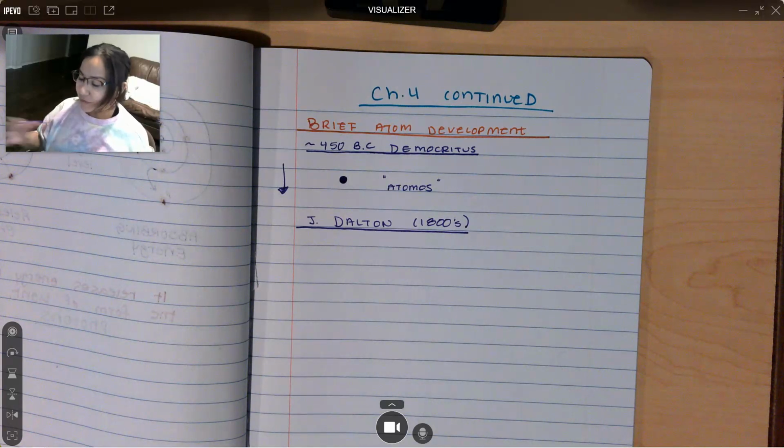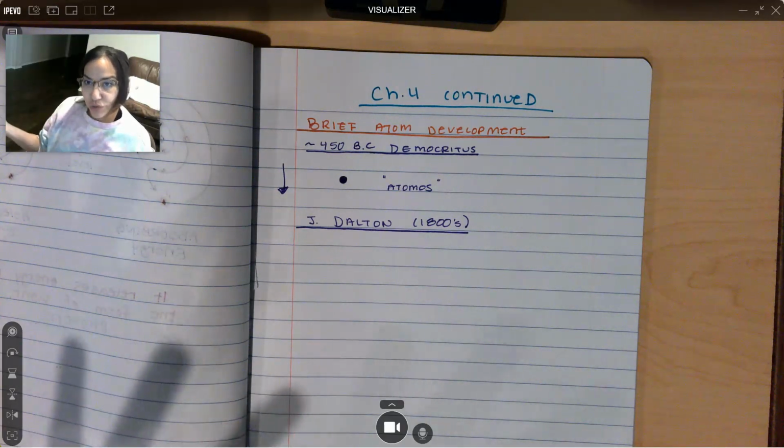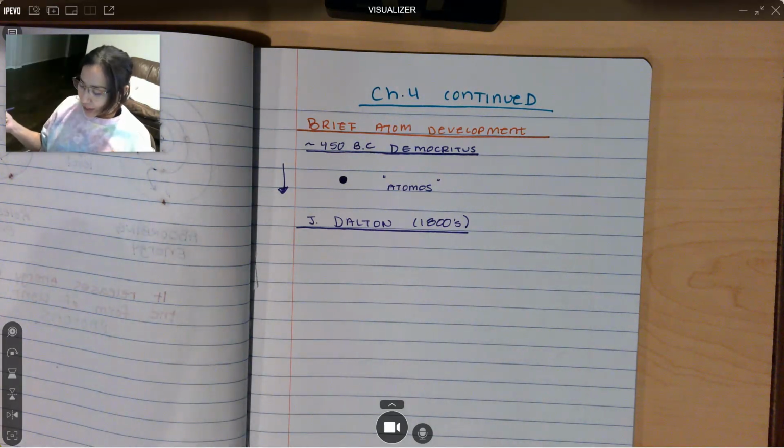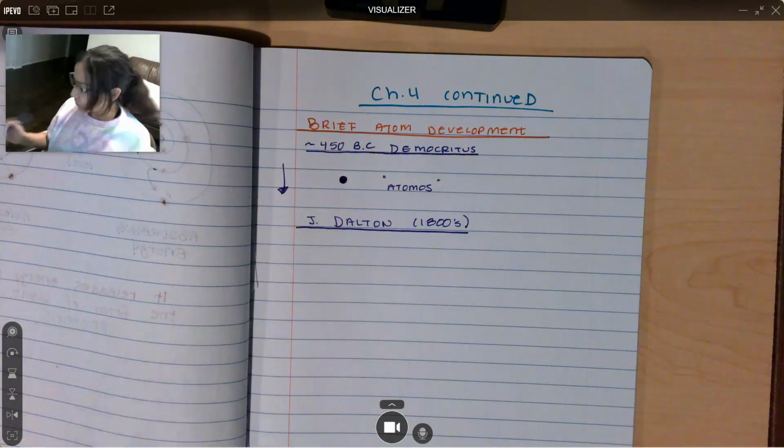Atoms of the same element are identical. He said that you have the law of conservation of matter. So what you start off with is the same as what you end with. And the last one is that compounds develop in fixed ratios, right? So they have fixed ratios.